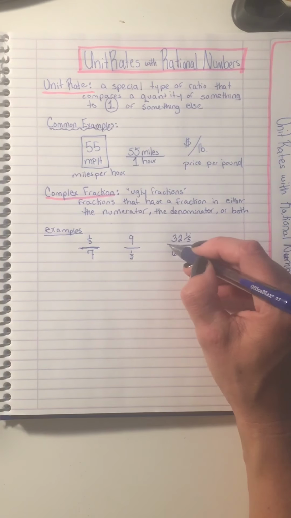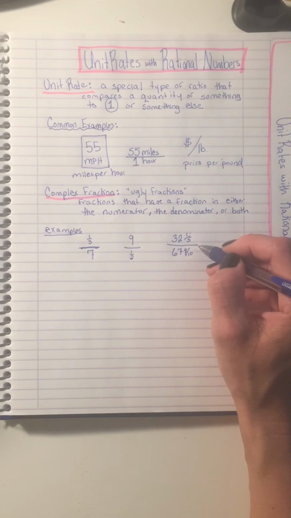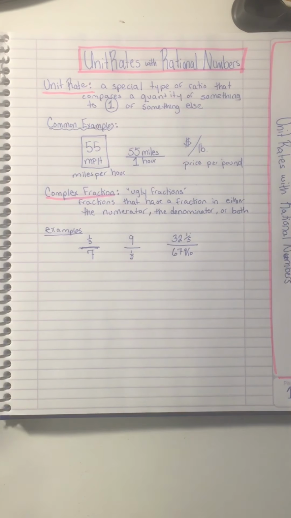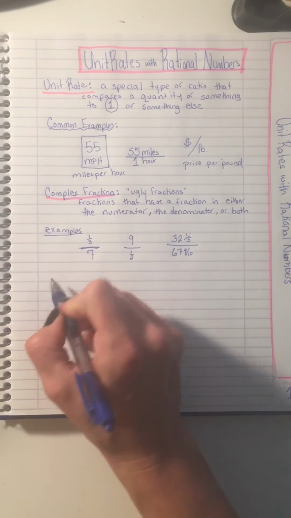And again, the fraction bar is just either a way of making a ratio or of saying divide. So we know that we can divide fractions, so we can also write it like that. Let's give a real world example too.